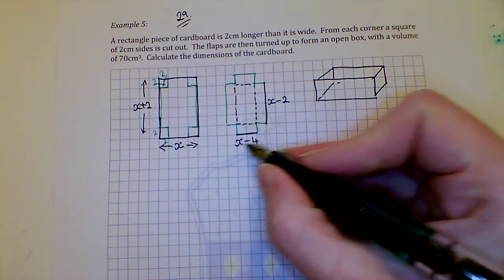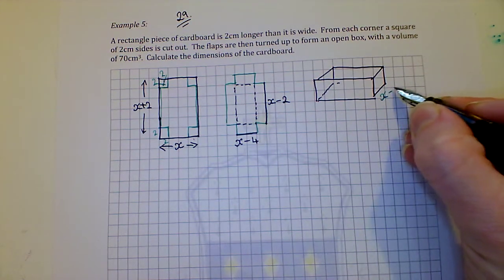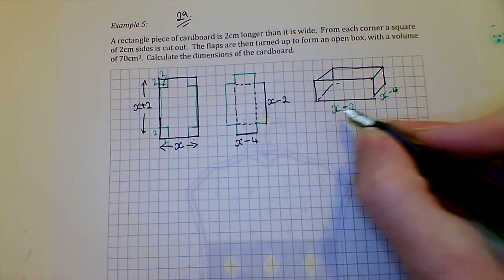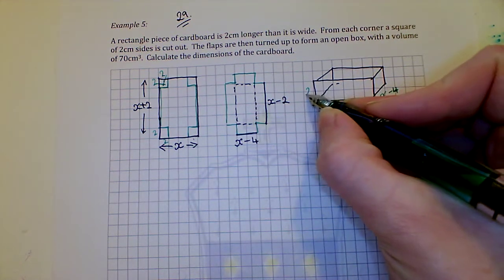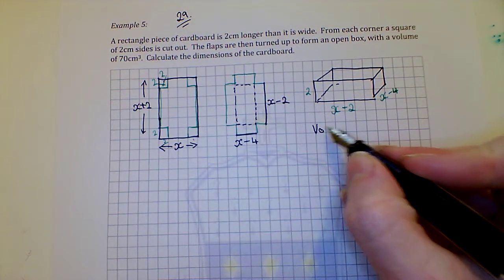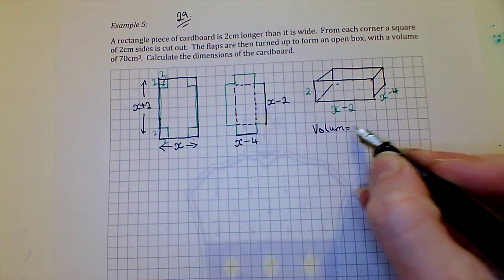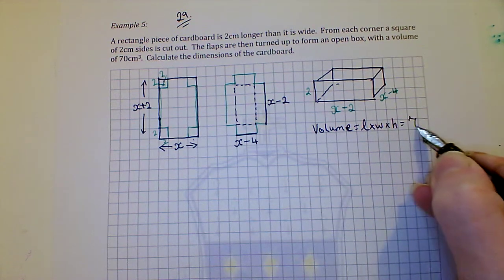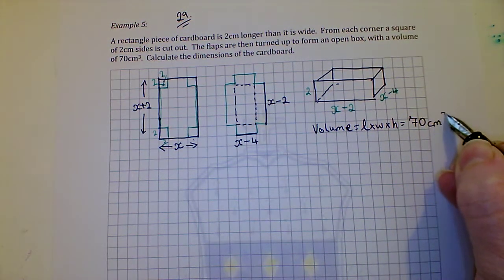I have this short side here, x minus 4 centimeters, this slightly longer side here, 2 centimeters longer, x minus 2, and the height is 2. When it's folded up, the volume, which is length by width by height, is 70 centimeters cubed.